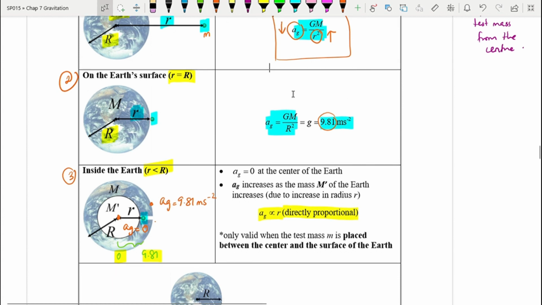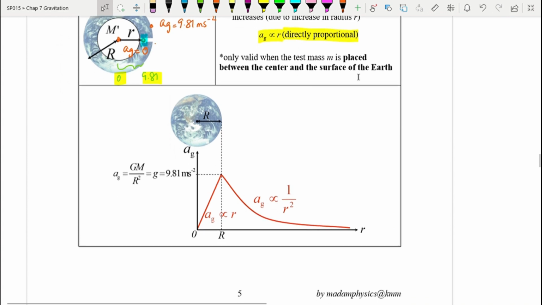Alright, so kat sini ada graph yang menunjukkan variation. So y-axis kita adalah strength of gravitational field ataupun gravitational acceleration. So kita plot against R. So a_g is 0 at the center, kat mana center of earth, kat sini. So a_g dengan R is directly proportional as discussed earlier. Case number 3, dia akan directly proportional sampailah surface.